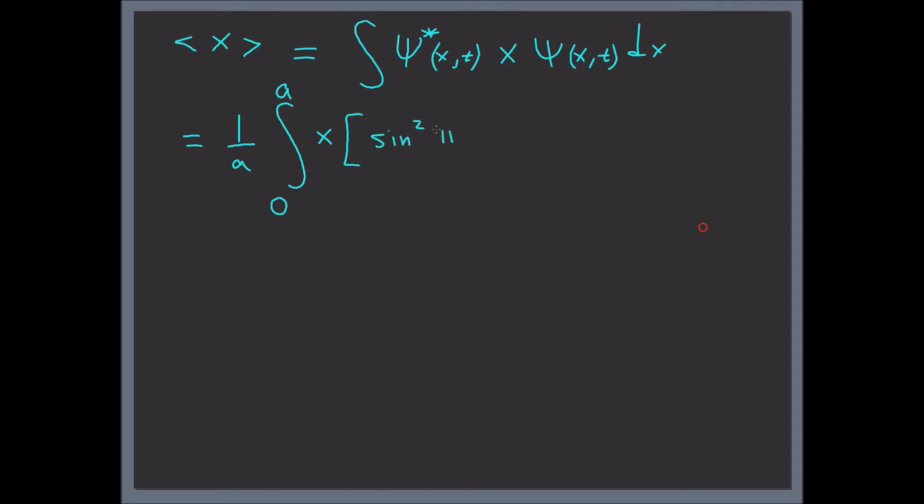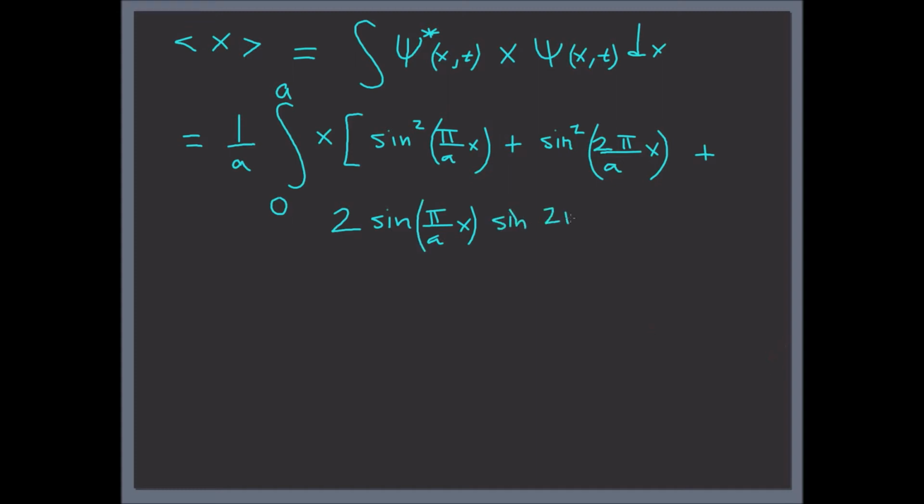Sine square of pi divided by a x, plus sine square of 2 pi divided by a x, plus 2 times sine of pi divided by a x times the sine of 2 pi divided by a x times cosine of 3 omega t, dx.